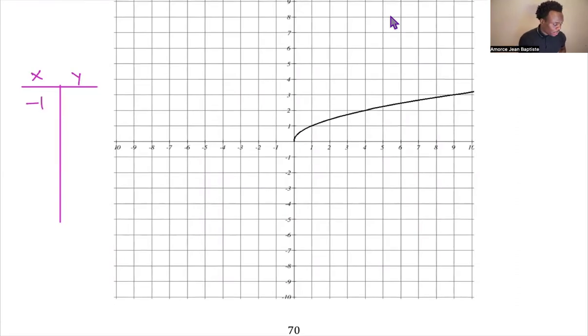It doesn't matter which values you take, but if you take whole numbers, it will give you more precise values, which is better when you're graphing a function.